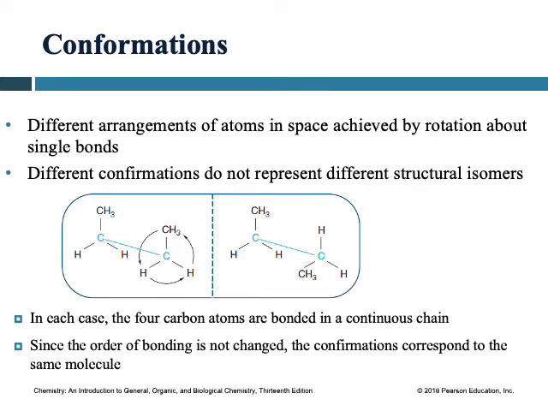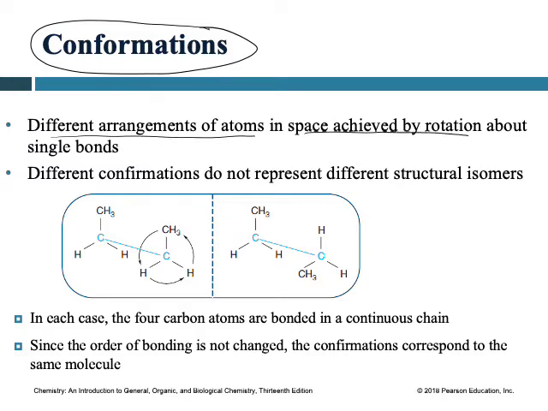Okay, so now let's talk about another term called conformation. What is conformation in an organic compound? It is a different arrangement of atoms in space achieved by rotation about a single bond. What does it mean? Let me make a compound with one bond, CH3 CH3.